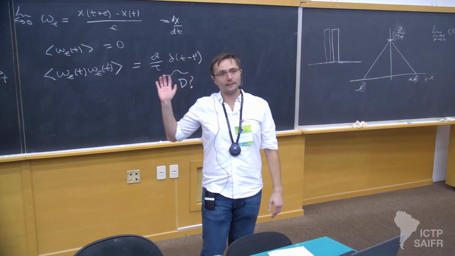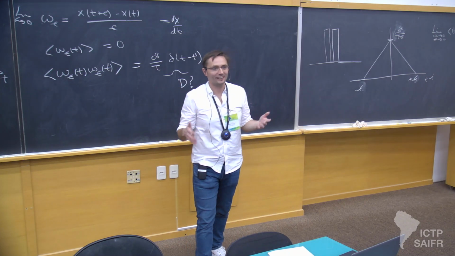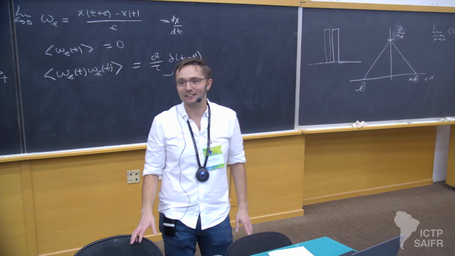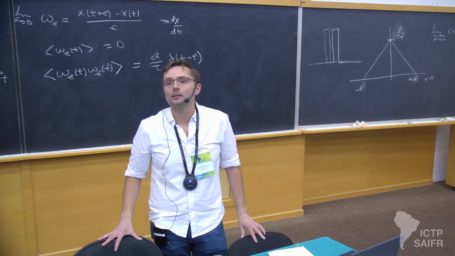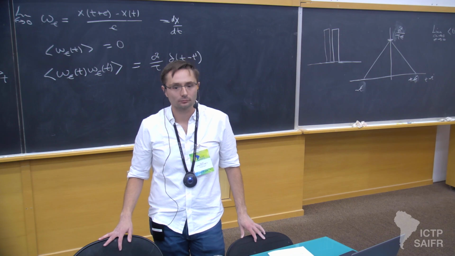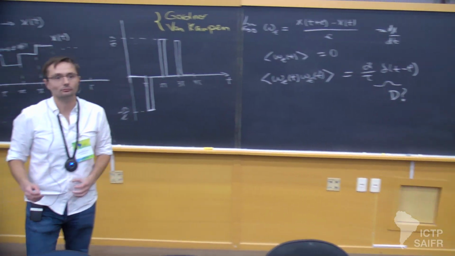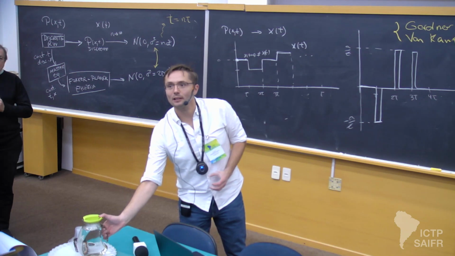Gardiner is more mathematical, Van Kampen is more for physicists, but both of them are definitely more rigorous than what I did here today. Questions? If there are no questions, then we can do the first exercise.